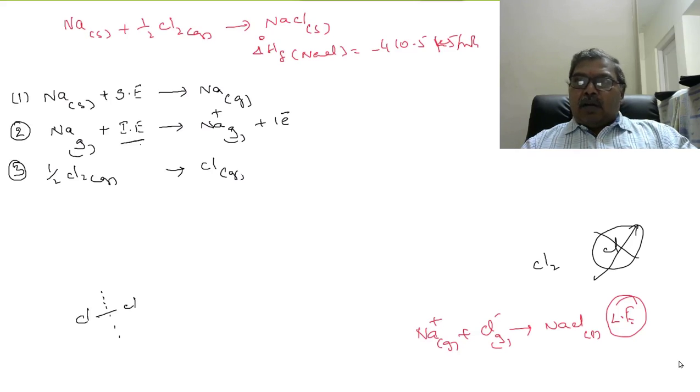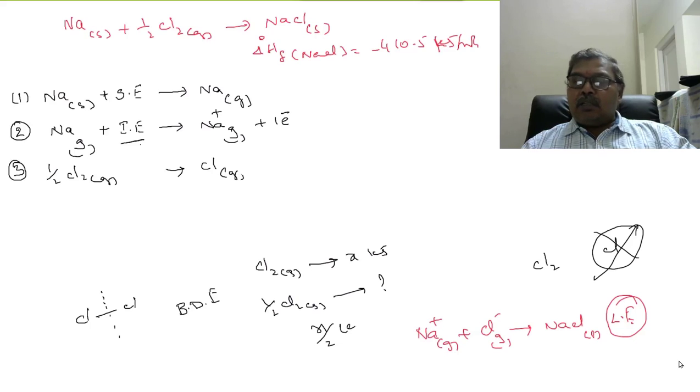The energy required to break 1 mole of bonds is called bond dissociation energy or bond dissociation enthalpy. For example, for 1 mole, if it is x kilojoules, then for half mole chlorine, how many kilojoules are required? X by 2. Is it not?